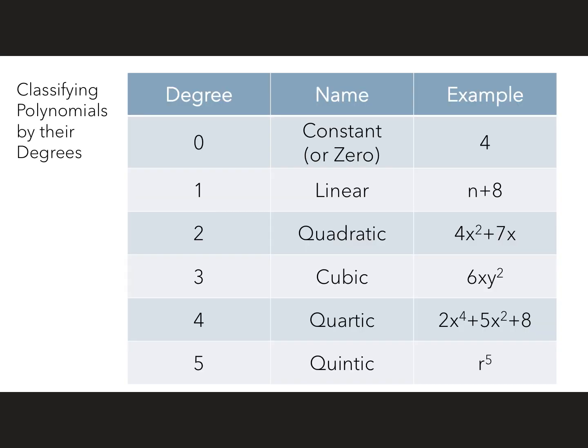Okay, one last thing about degrees. Just like I can name my polynomials based on how many terms, I can also name my polynomials based on their degree. So if I have a polynomial with a degree of 0, that means I just have a number, like the 4, and that's a constant. We've talked about that. If the degree of my polynomial is a 1, we call it linear.